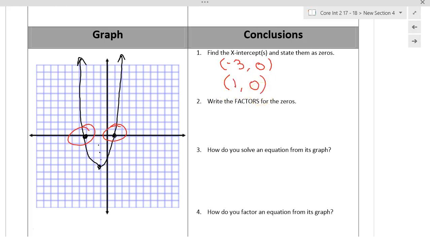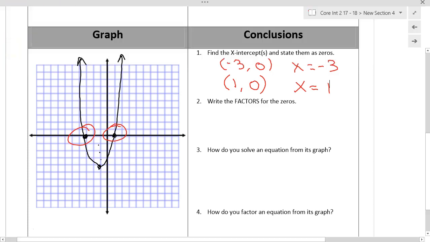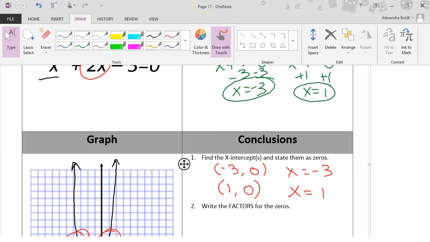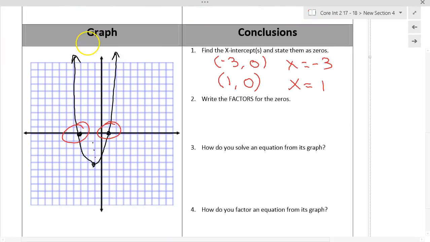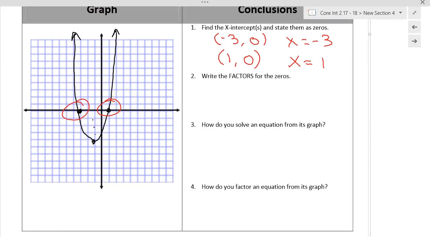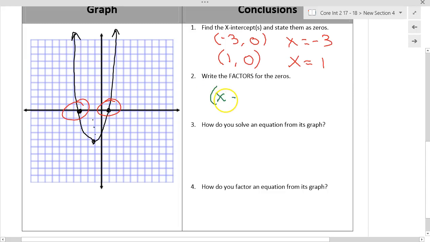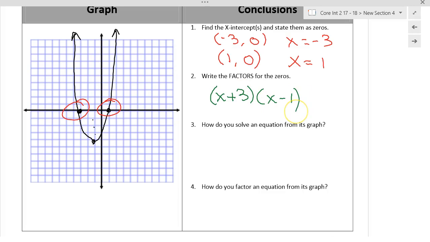What that really means is my x is equal to negative 3, and my x is equal to 1. The factors for the zeros are then going to be the same factors I found above. x plus 3, x minus 1.